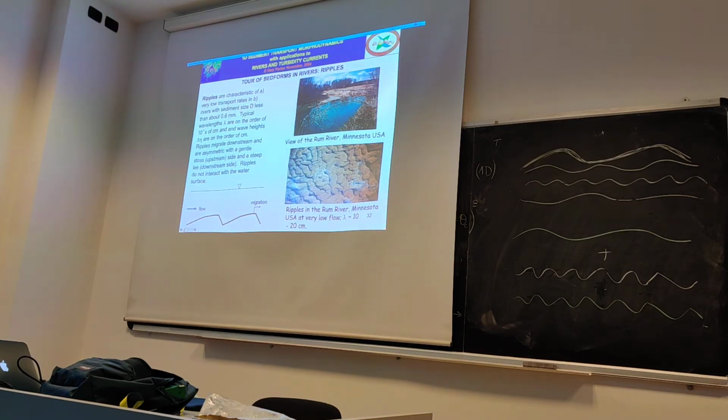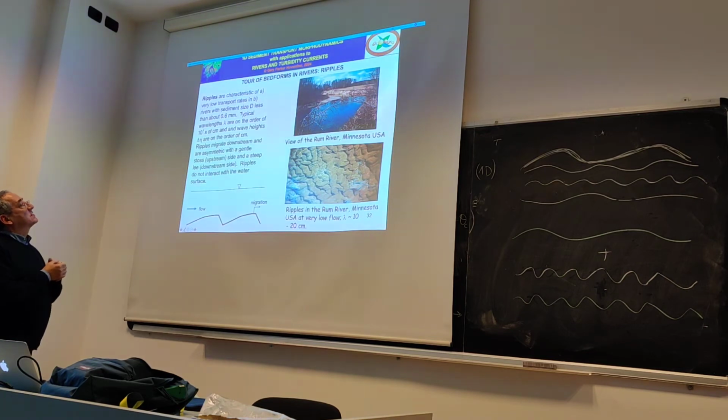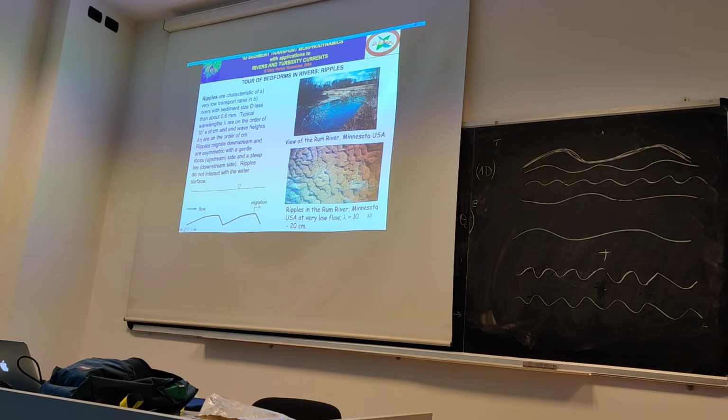Then if you have a larger value of the shear stress and possibly coarser sediment, then you will observe other bedforms. Actually, it's exactly what happens. So this is one reason, if you formulate the problem, for doing stability analysis.